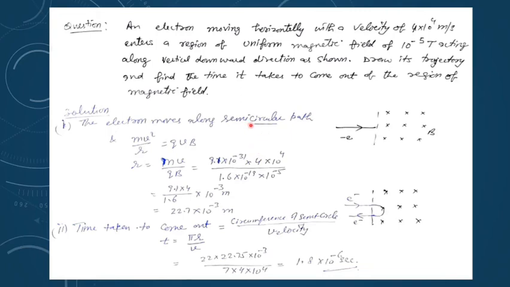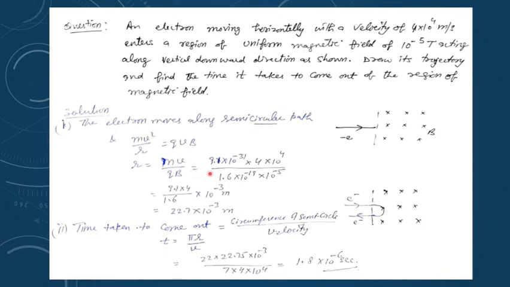So when it is moving perpendicularly, then of course we have discussed that mv square by r is equal to qvb. Centripetal force and magnetic force will be equating each other. So I can use even this formula directly if I do remember, or otherwise you can equate at that time to find r, it is equal to mv upon qb.